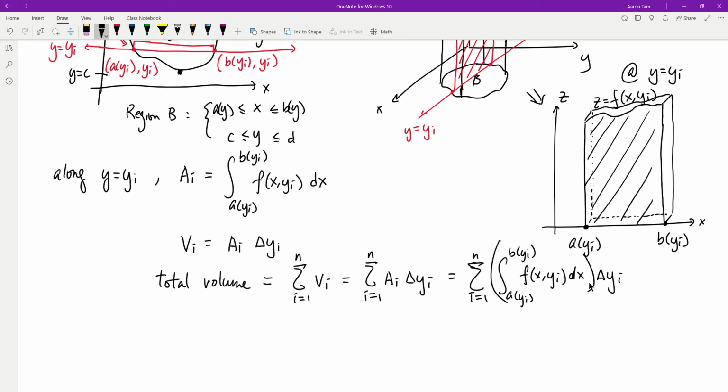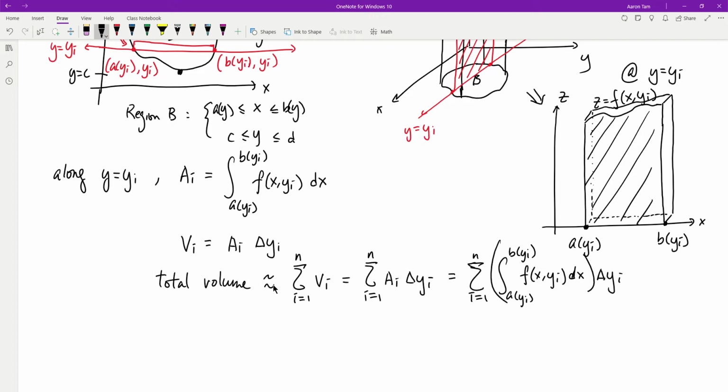I'm going to put parentheses on this so that you can see that is basically what A sub i equals. Now, that gives us a total volume approximately equal to this total volume, because obviously it's not going to be exactly the same, since our V sub i is just approximately what one layer will look like.